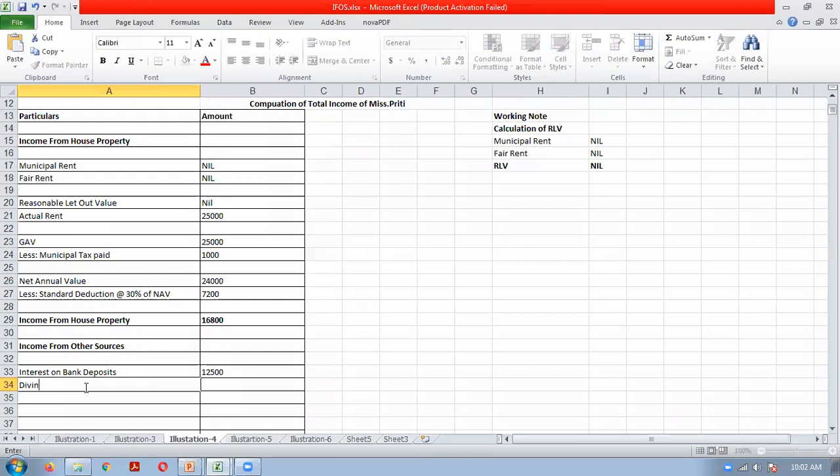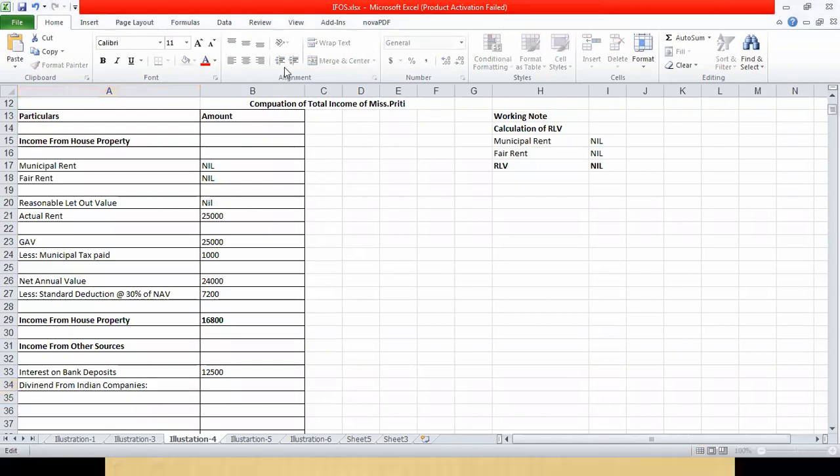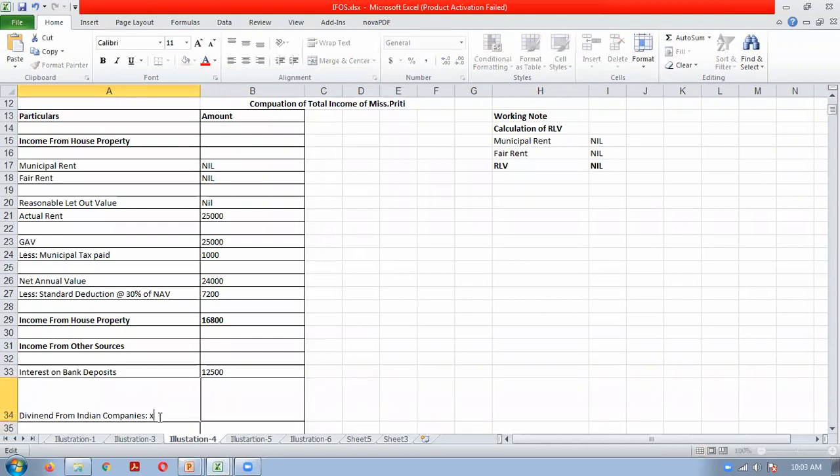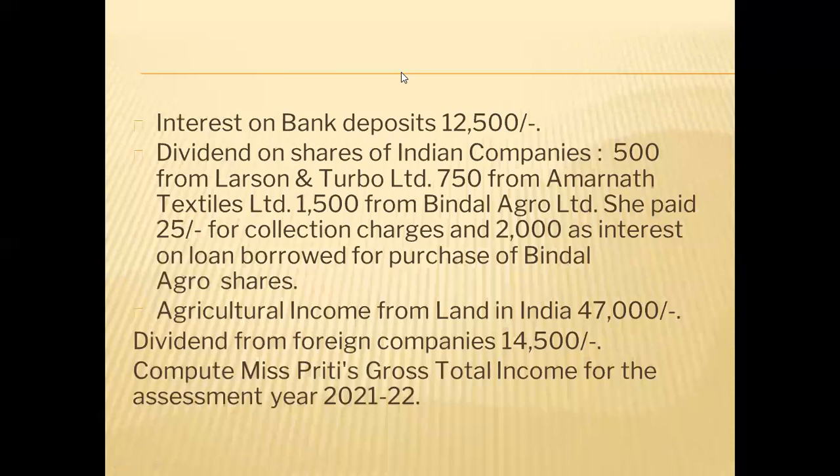So dividend from Indian companies: 500, 750, 1500.